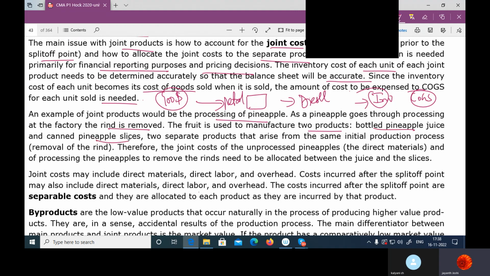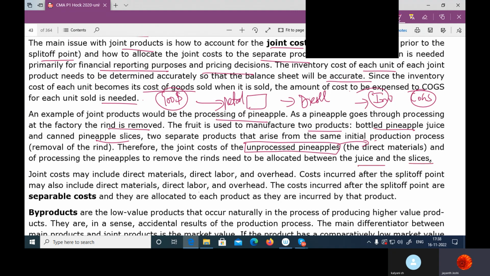Pineapple slices also come in tin packs, and those are sold in Ratnadeep and all stores. Two separate products arise from the same initial production process. Therefore, joint cost of unprocessed pineapples, which was the raw material, and of processing the pineapples to remove the rinds needs to be allocated between juice and slices.